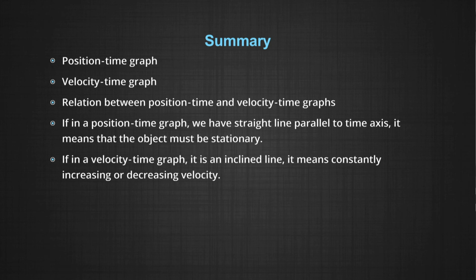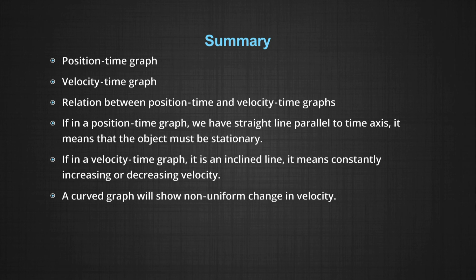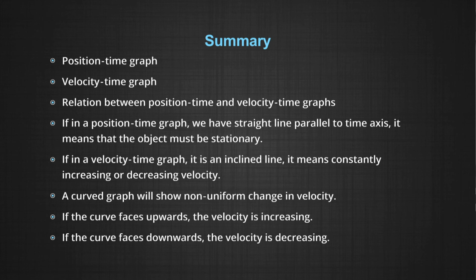And importantly, a curved graph will show a non-uniform change in velocity. If the curve faces upwards, the velocity is increasing. If the curve faces downwards, the velocity is decreasing. So, you can use your position-time graph to create a velocity-time graph and use it for calculation or just to show the motion of objects around you.